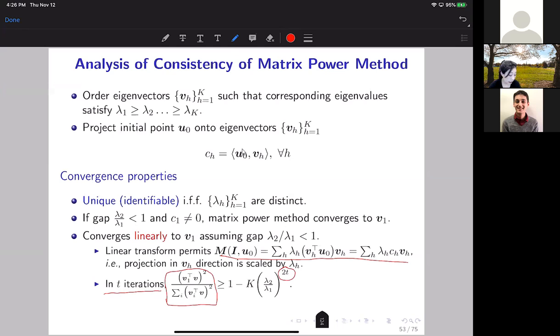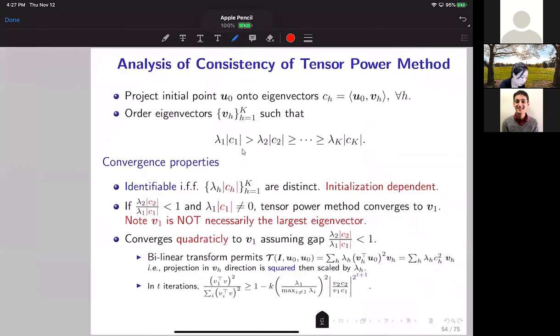So that's why it's a linear convergence. This again is very simple. You can just use the power method to write it out, and by doing simple linear algebra or simple calculus, you will get this. It's the ratio of the second and the first eigenvalue to the power of 2t. So that's why the convergence is linear. Okay, so this is a review of the consistency of the matrix power method.